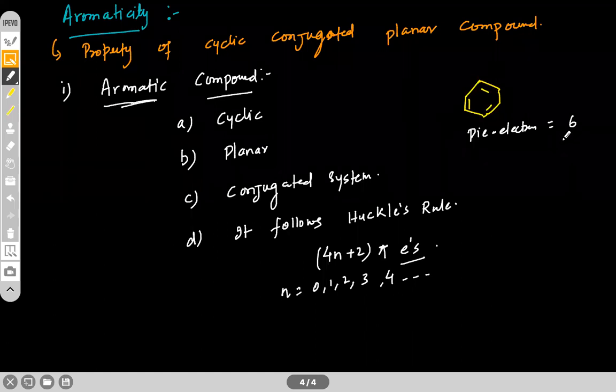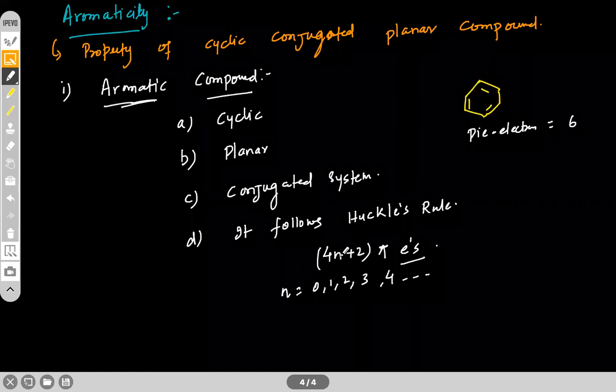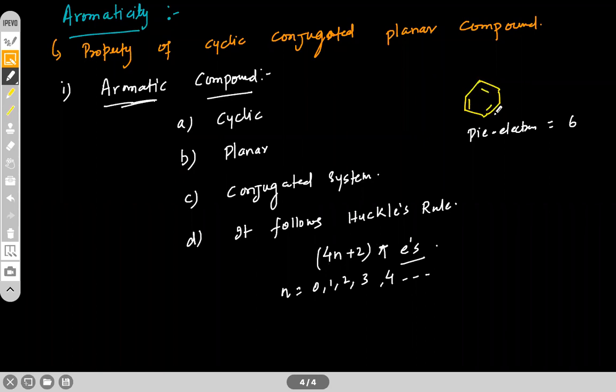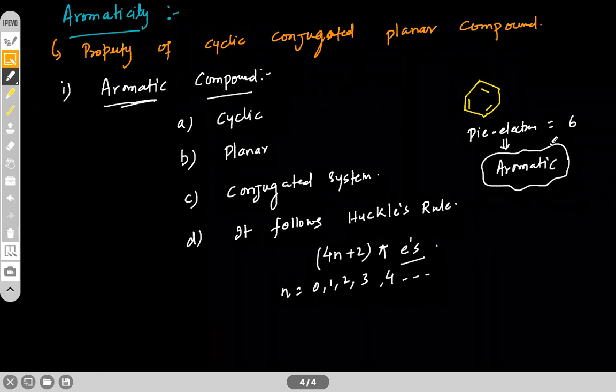It follows Huckel's rule for n equals 1. So for any value of n, if the number of pi electrons follows Huckel's rule and these 3 conditions are satisfied, it means this compound is an aromatic compound. Clear? Easy? This is what you need to know. That's it.